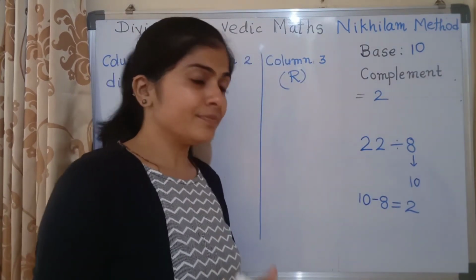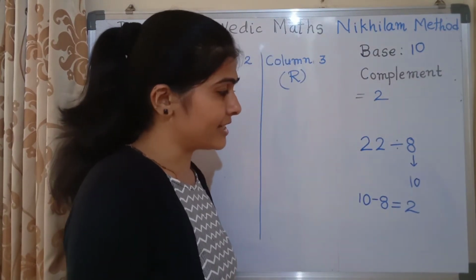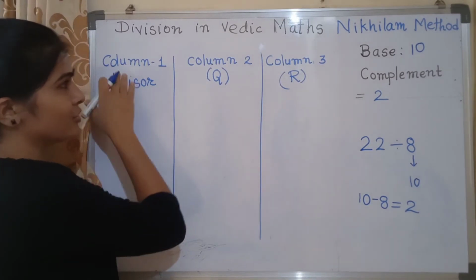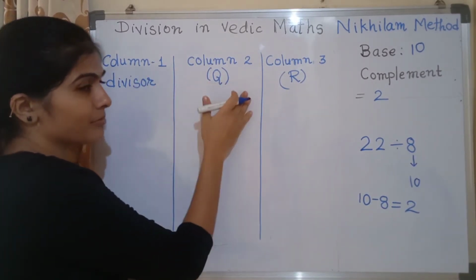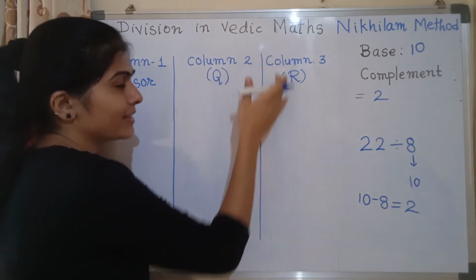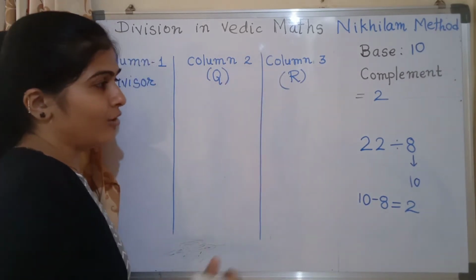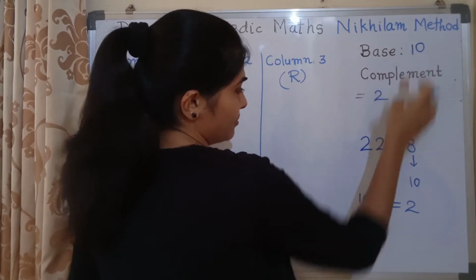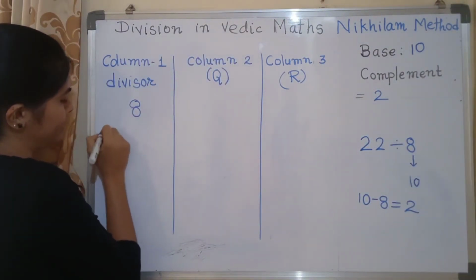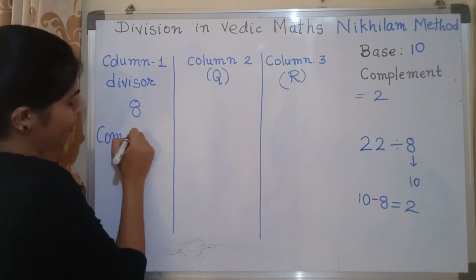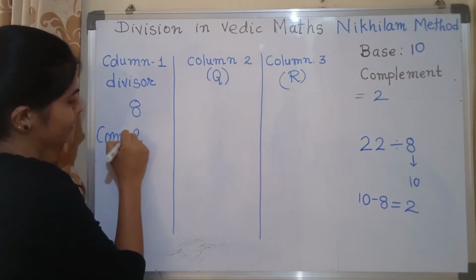Okay. So now let's understand what you need to do. Here first you need to divide into 3 columns. First column is divisor, second column is quotient, and third one is the remainder. Now as you know, my divisor is 8, but what is my complement? The complement of 8, which is 2, right?